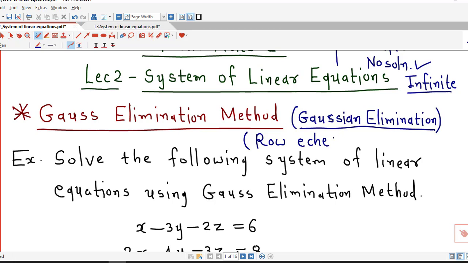So you must be familiar with the row echelon form of a matrix, or you must be able to find the row echelon form of a given matrix. If you are not familiar with it, I suggest you watch my earlier lecture on row echelon form so that you are able to understand this Gauss elimination method.